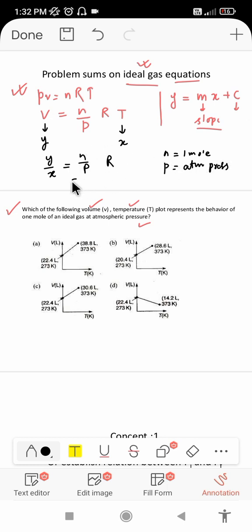So it should come ideally 1 by 1 times R, which is equal to 0.082, that is liter atmosphere mole inverse Kelvin inverse. So this is what we should get.